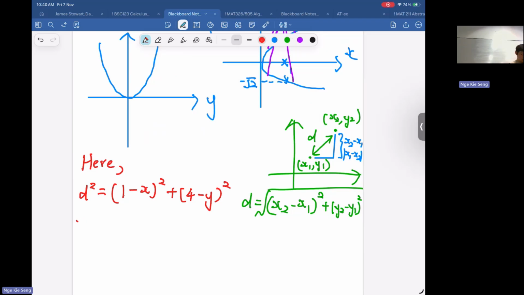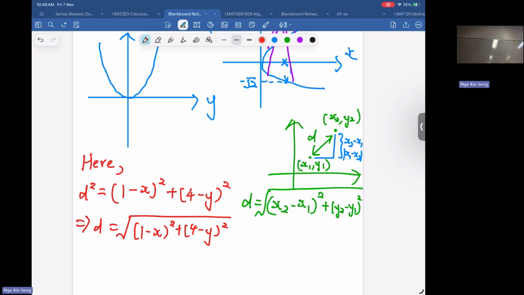So in this case here, we just get d equals the square root of 1 minus x squared plus 4 minus y squared. But note that this xy is a random xy. But the y we care about is just those on the curve. So those on the curve are what we only care about.